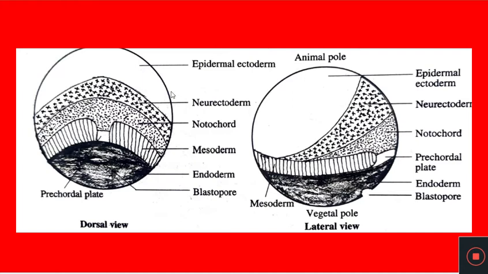The neurectoderm, it is that prospective area that develops to the central nervous system of the future embryo, which has got a region that develops into the sensitive layer of the eye also. Now, the epidermal ectoderm.